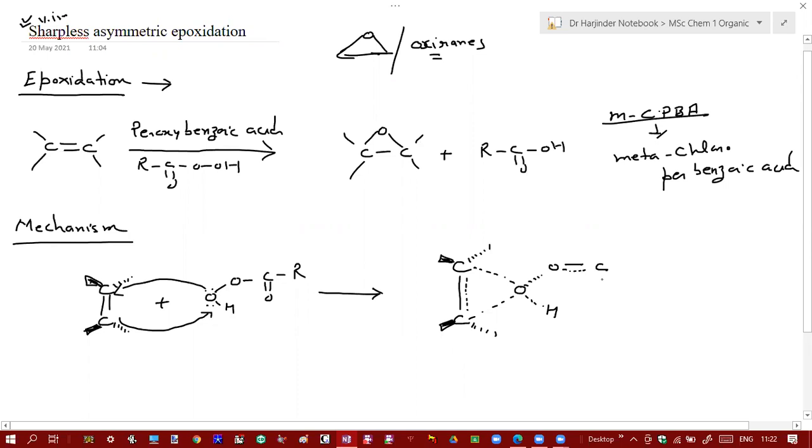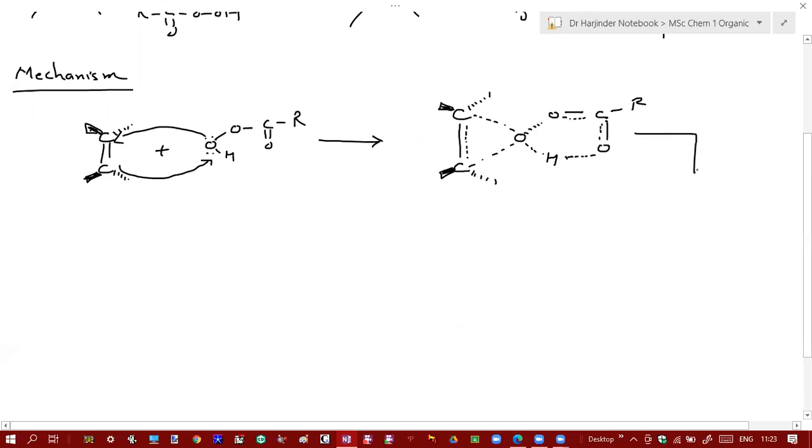This carbon-oxygen will also have a partial double bond character, and this oxygen and this hydrogen will interact with each other. So there is a formation of this cyclic transition state, which further decomposes with the loss of this portion as carboxylic acid to give rise to epoxide.